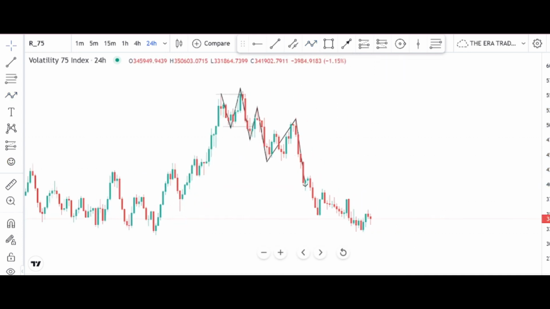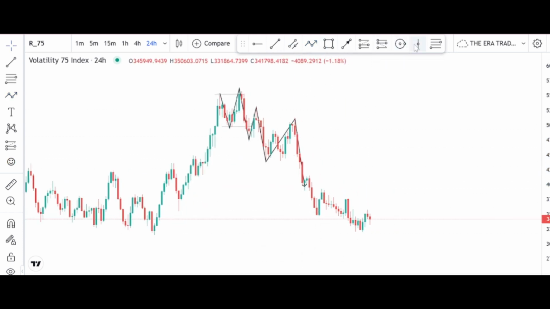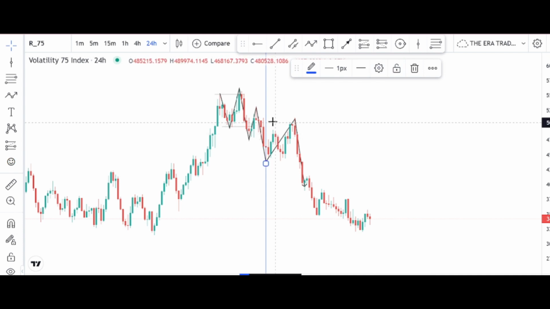So let's look at this structure. Let's just look at this structure from here to here, from this point to that point, from this point to that point.